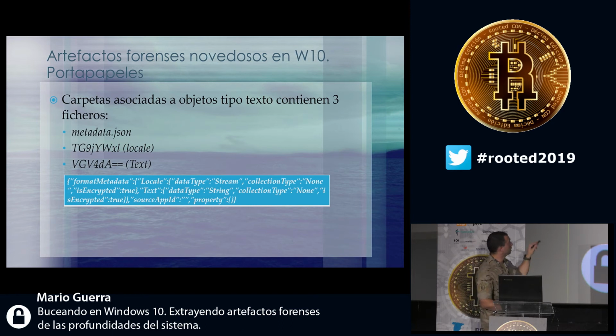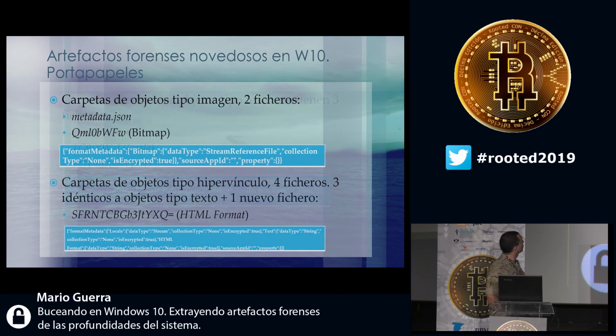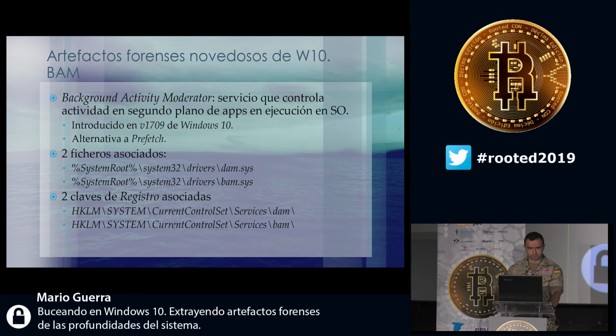So you see the local generation files, and you can decide forensically that, or see forensically that these files were generated in this computer, not another. And then for graphic files, you get a bitmap with a JSON associated, and the hyperlinks may also be copied, generating 4 files, 3 text files, and 1 HTML format new file. So internally, Microsoft keeps a way of signaling that it's a link.